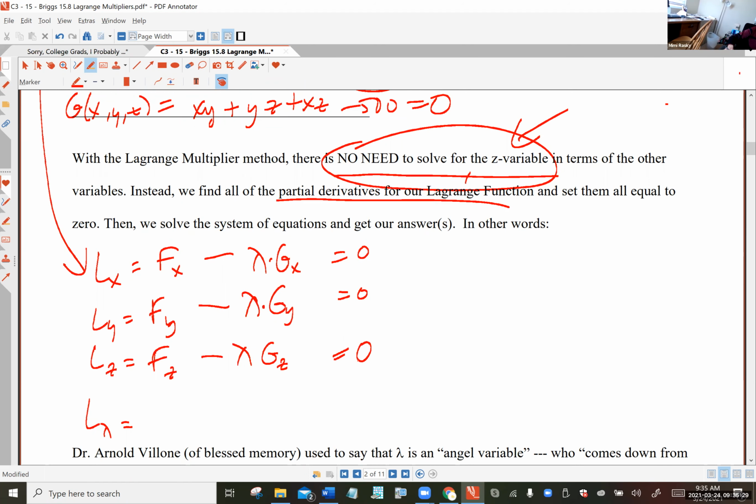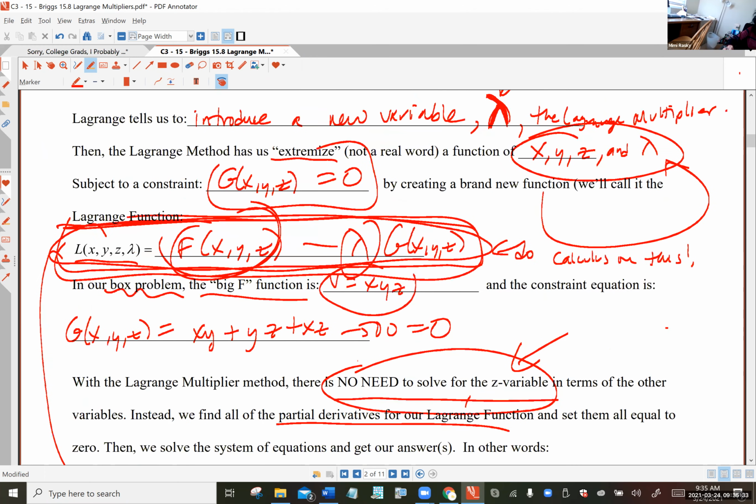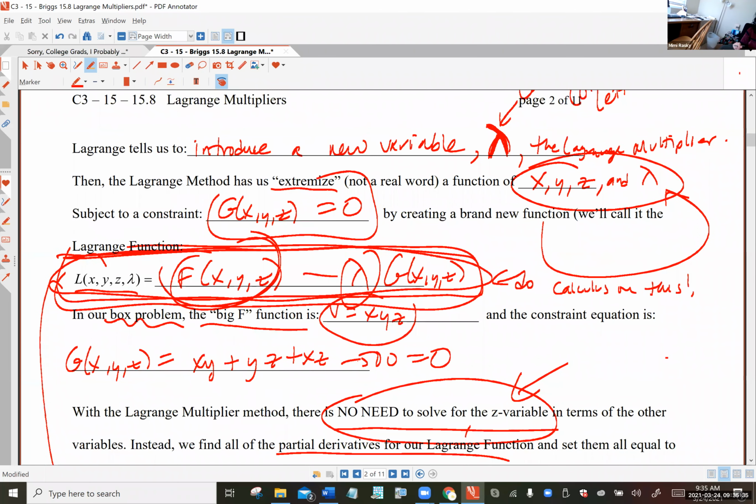And finally, you want to take the partial with respect to lambda. Now, lambda is a variable. So if you're going to take the partial of big L with respect to lambda, you're going to hold x's, y's, and z's constant, and you're going to differentiate with respect to lambda.